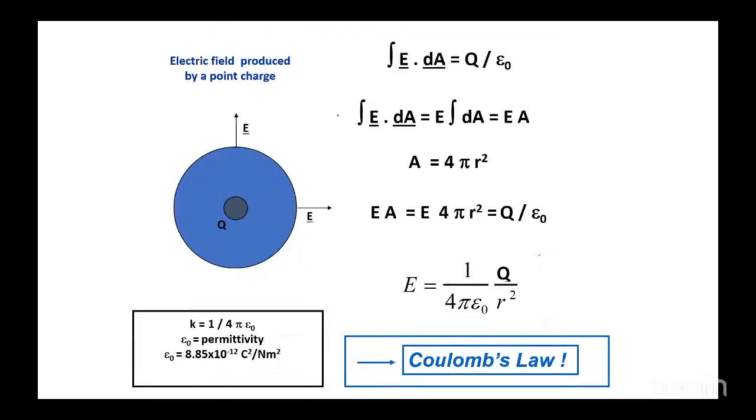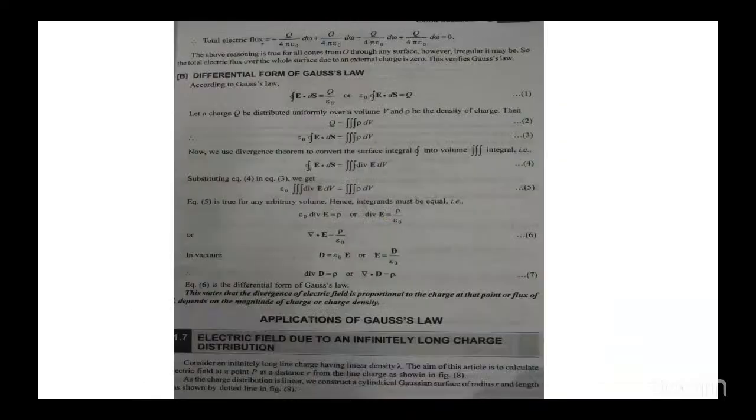What is the differential form of the Gauss law? According to Gauss law, E dot ds equals q by epsilon naught, or epsilon naught surface integral E dot ds equals q.